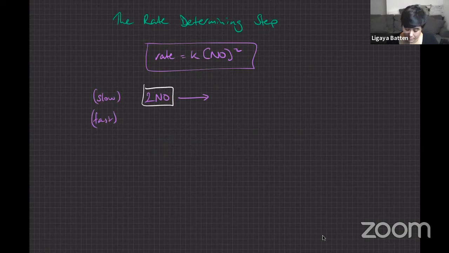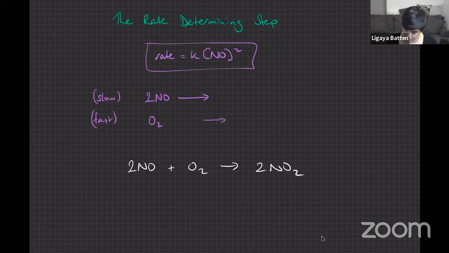just the two NOs are taking part in the rate equation, which means that the O2 must only be part of the non-rate determining step. So in the first step, we could produce the N2O2 that I suggested, and then react it away, making sure that it gets reacted and it's not remaining there at the end.